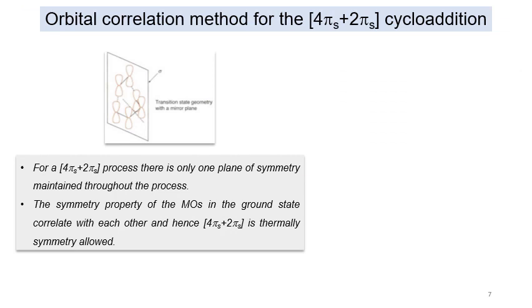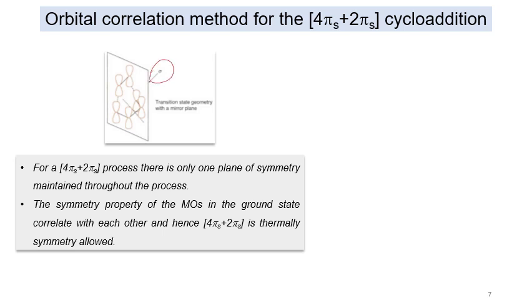We had also seen in our previous class the orbital correlation method for the 4pi s plus 2pi s cycloaddition, and we had seen that there is a plane of symmetry that is maintained throughout the process, that is the sigma plane.